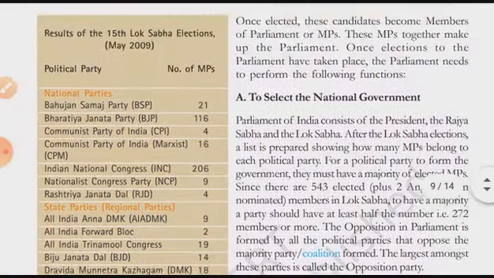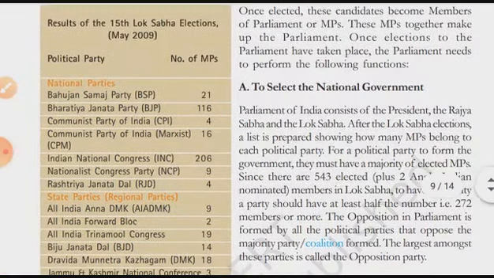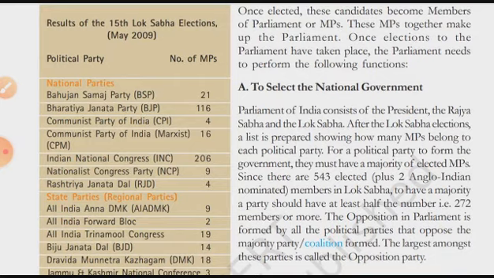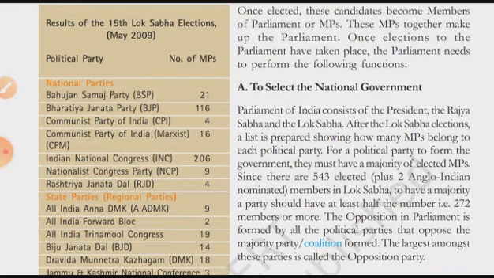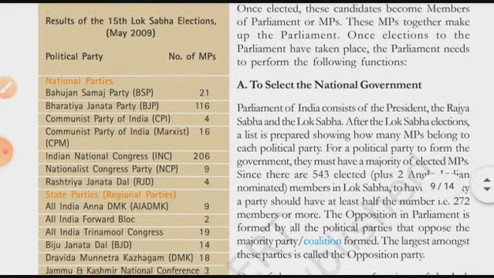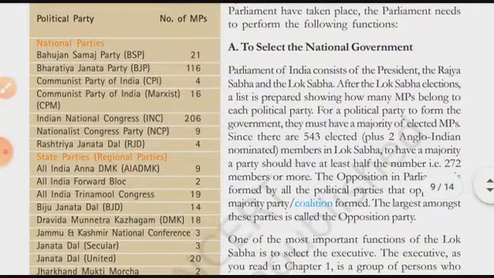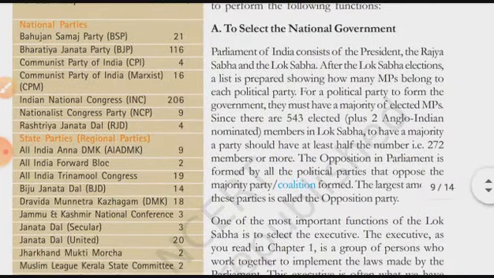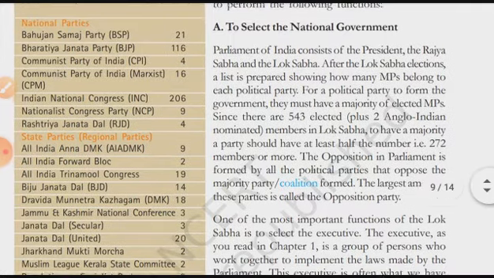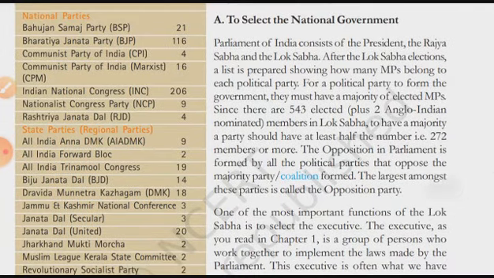On the left side you can see, first, the Bahujan Samajwadi Party, BSP, 21 candidates, Bharatiya Janata Party, 116 candidates, and the Communist Party, who have won the elections from their constituencies. So this list is prepared for each political party. For a political party to form the government, they must have a majority of elected MPs.